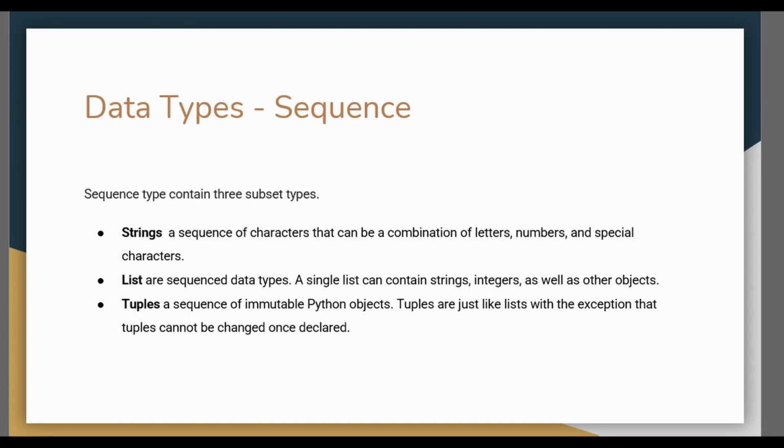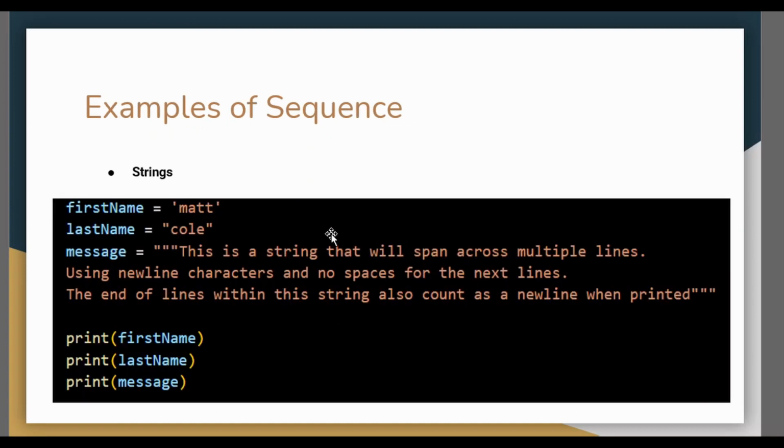So let's take a look at each one of these. The first one is the strings. Here we have a couple of variables that we just put out. First name with mine, last name with mine. But I also want to point out a couple of things here. With the string, you can have either a single quote or a double quote. Both will work accordingly.